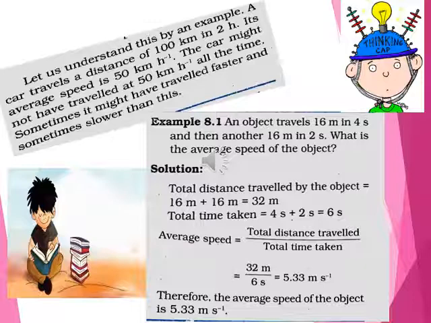So the total time taken here is 4 seconds plus 2 seconds, that equals 6 seconds, and therefore the average speed is equal to total distance traveled divided by total time taken, that is 32 meter upon 6 seconds, that is 5.33 meter per second. Therefore the average speed of the object is 5.33 meter per second.